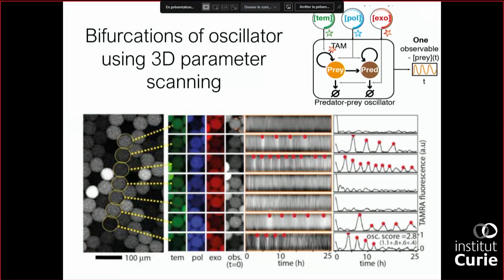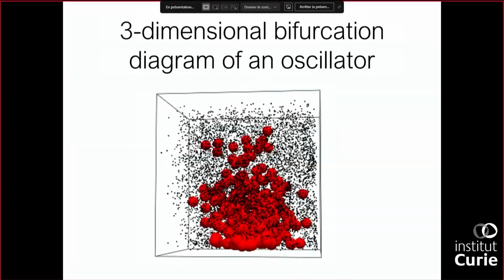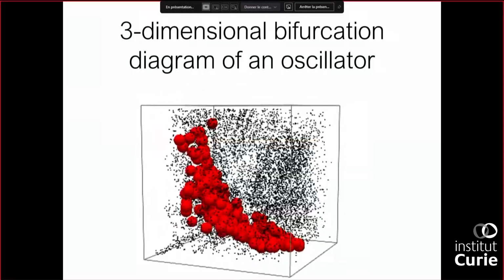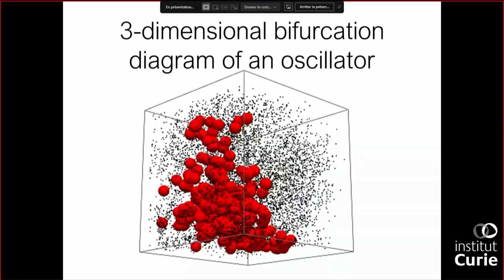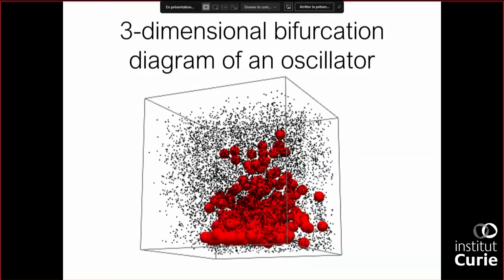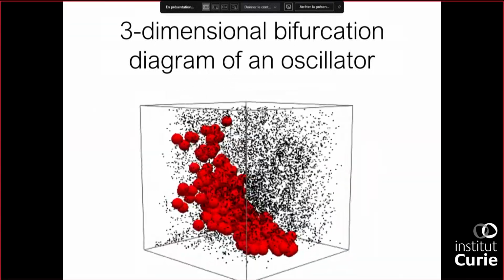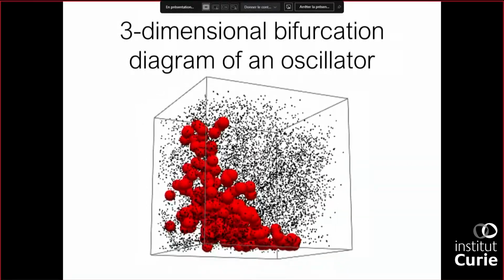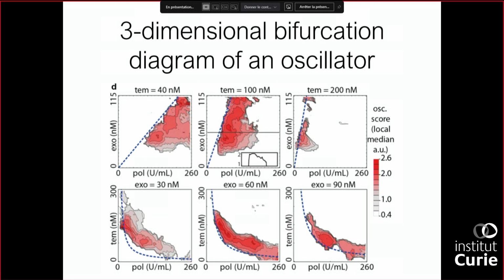And this makes sense in the end if you put everything back together into this bifurcation diagram, which is three-dimensional in this case. So here all the black points are one observation, one droplet. It has been put in this cube according to the concentration of the 3 control parameters that we have decided for this experiment. And the red points are the set of droplets that show oscillatory behavior. It's a bit difficult to see in 3D, but these are slices of the previous thing.